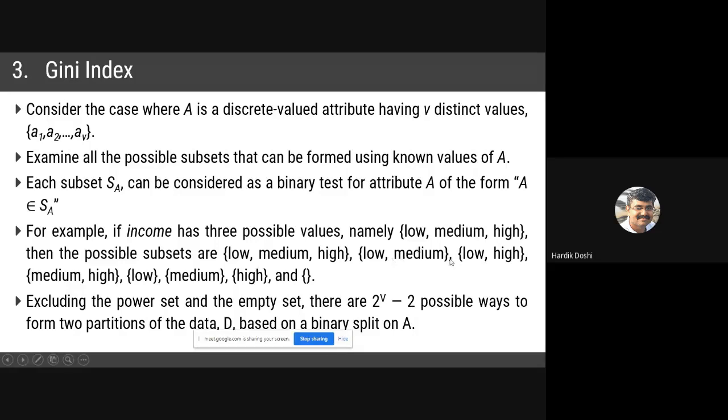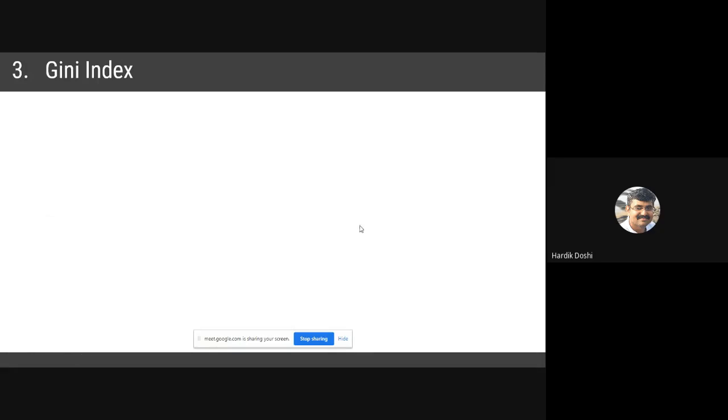Based on the individual subsets 1, 2, 3, 4, 5 and 6, we would be computing some value. Over here we can have only 2 splits possible. We'll be checking whose Gini index will be lower, and that split will be taken. Let's see how.